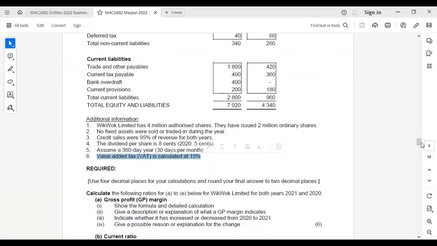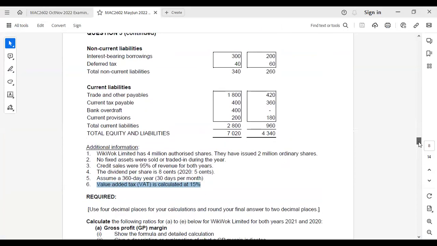Also, not all of our sales are on credit. We have to check what percentage of sales is on credit. Now we're told that credit sales are 95% of revenue, so we're only going to take 95% of revenue.